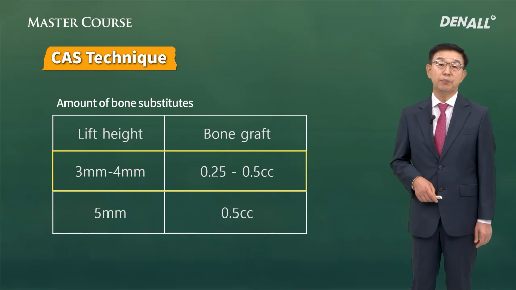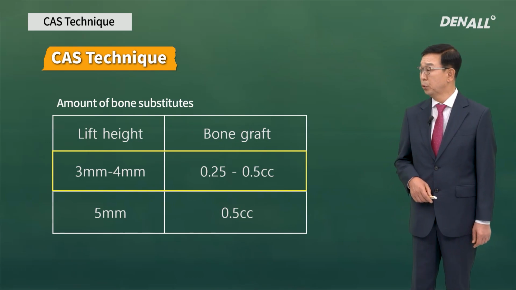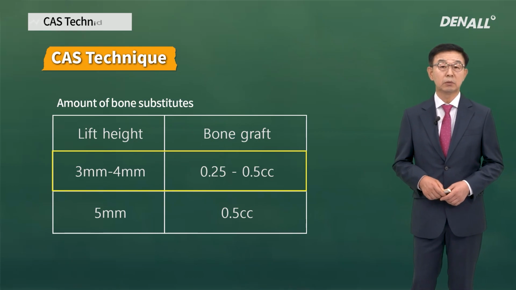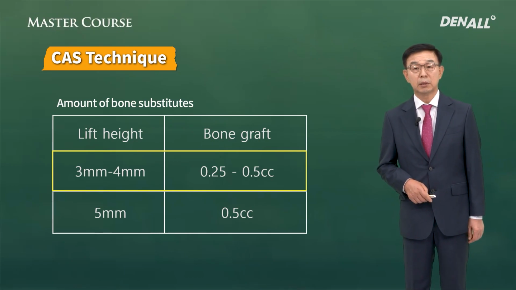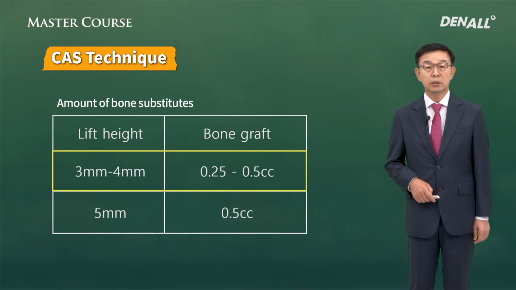You do sinus lift by 3 to 4 millimeters. You use 0.25 to 0.5 cc, and that should be sufficient. When you place one implant, 0.25 cc is used for bone graft.